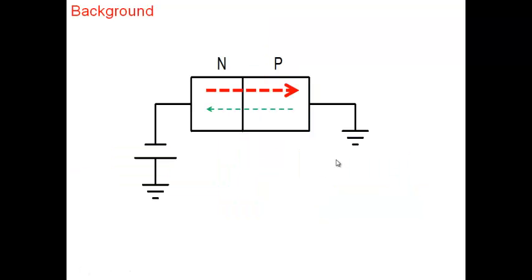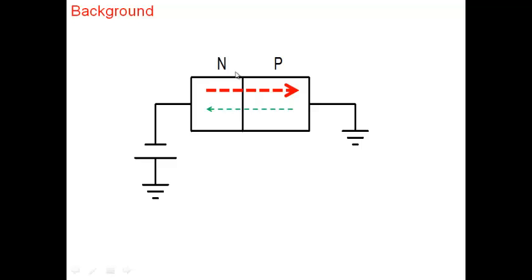All right, so let's come back now and look at the operation. The background to understand how a bipolar transistor acts like a transistor is that it is made up of a PN junction. If I take a forward biased junction and forward bias it, electrons are injected from the N to the P region and holes are injected from P to the N region.